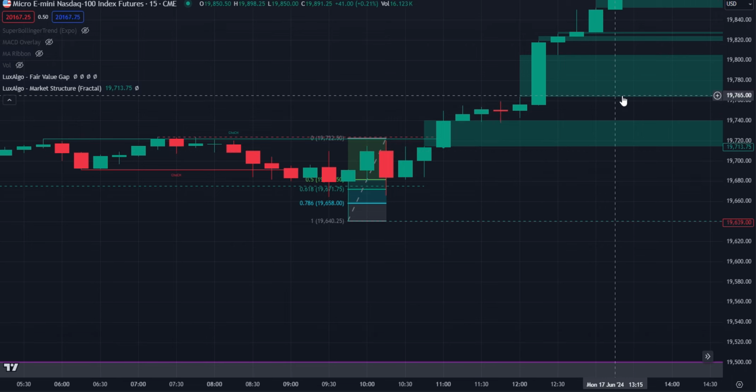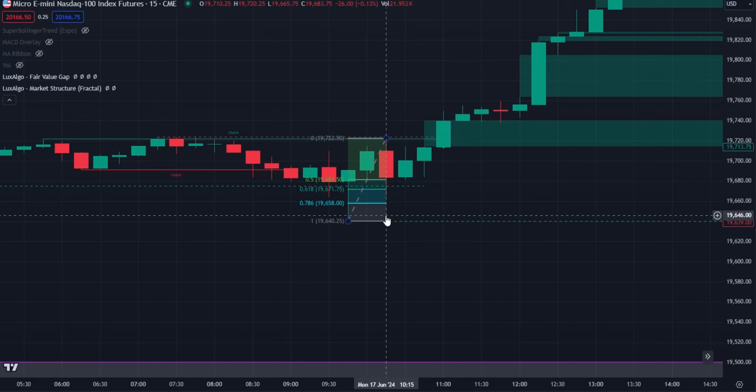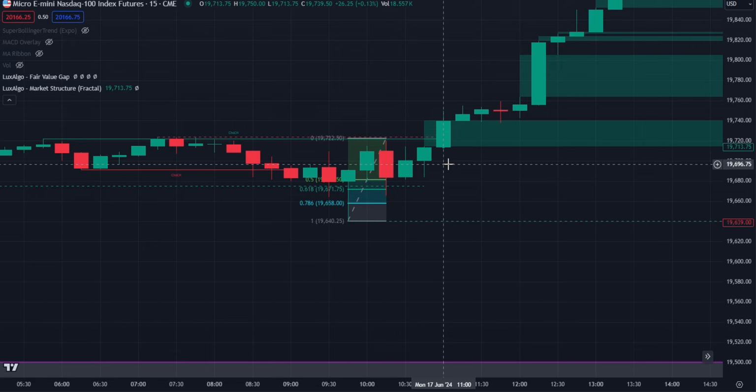That's at like 1:15, but I only usually trade from 9 to 11 or 11:30. So I would have caught my trade here to maybe here or here.